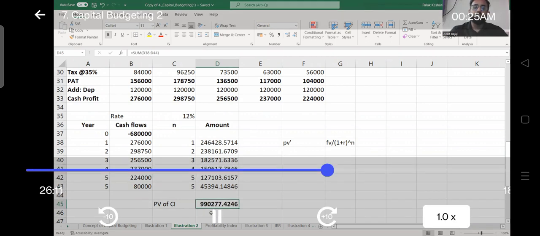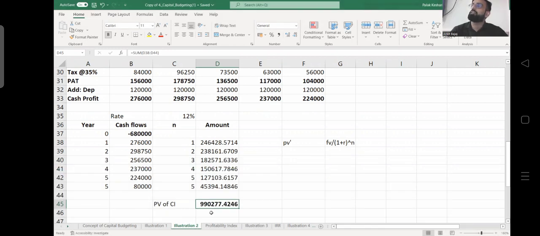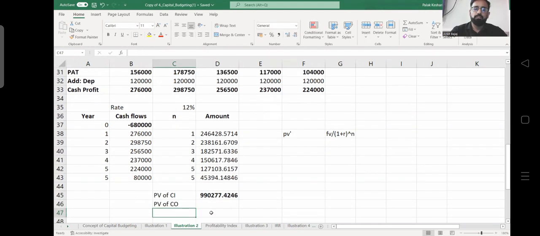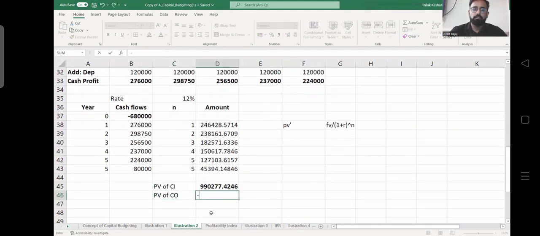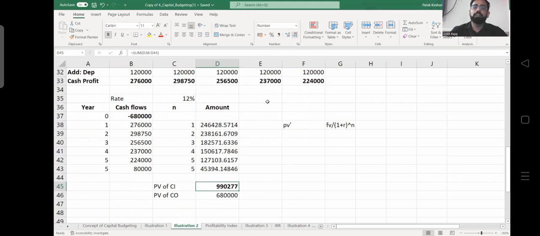It is going to be 9,90,277. Right? What is the present value of cash outflow? It is 6,80,000. Right?